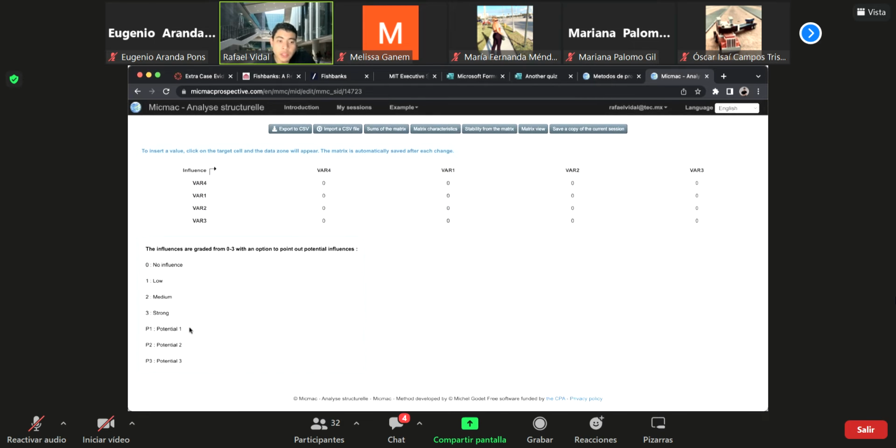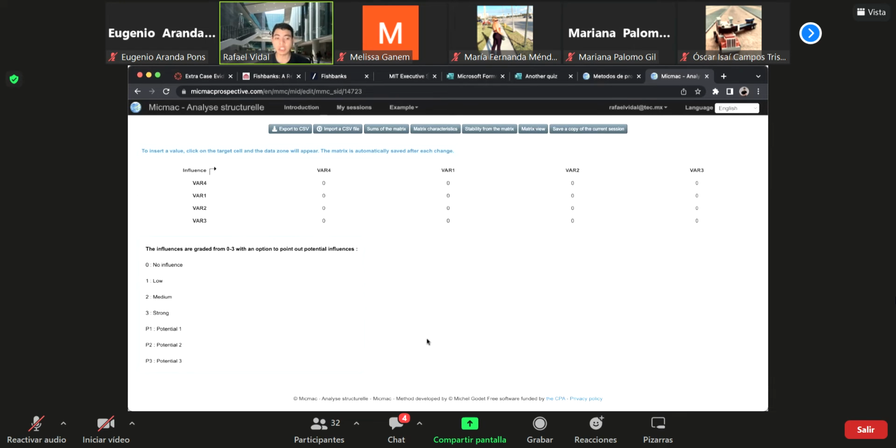Here we have 3 different levels of intensity. However, I just show you one. Remember, if we input to this computer a lot of degrees of uncertainty, which are potentials. Potential means we don't know the influence, but we guess or think that there's some kind of influence. It doesn't mean the potential influence is stronger than the strong influence.